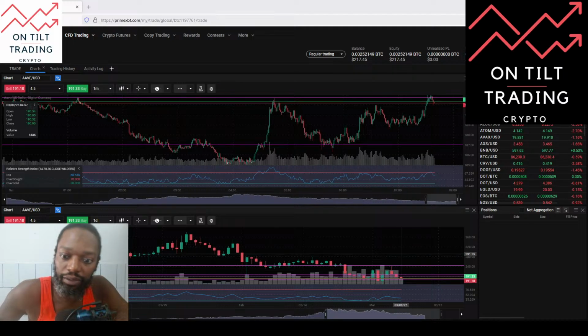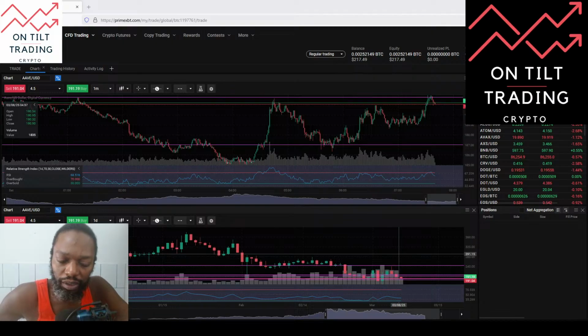RSI is 39 right now. So we're under 40. Usually RSI is measured from 0 to 100, 100 being overbought and 0 being oversold. 50 is deemed as the average, 30 being considered oversold, and 70 being overbought.